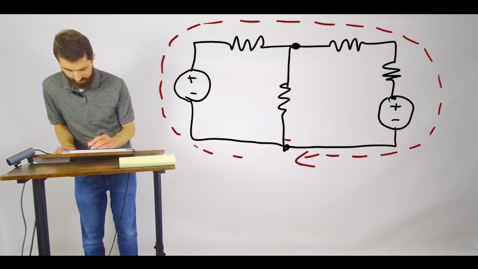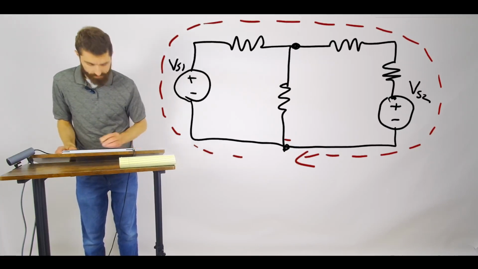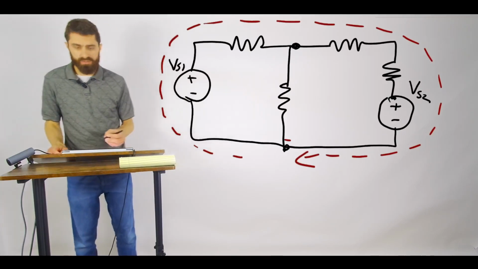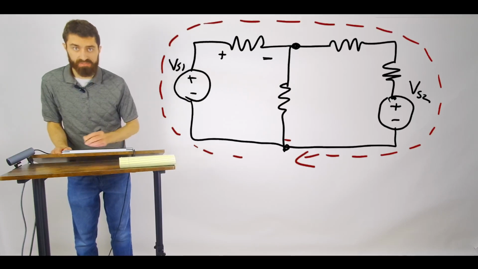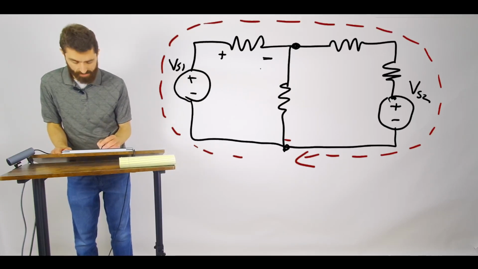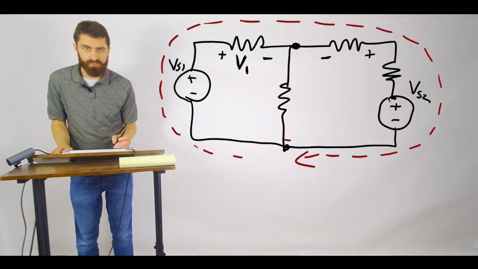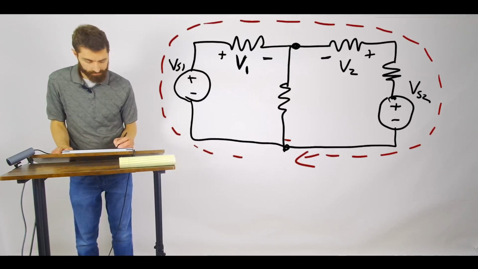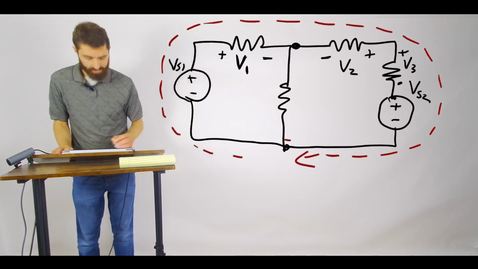Let's call these VS1, VS2. I'm just going to give this voltage here a random direction and call it V1, and I could give this one the opposite direction if I wanted to, it doesn't matter, V2, and then the voltage across this resistor is V3.